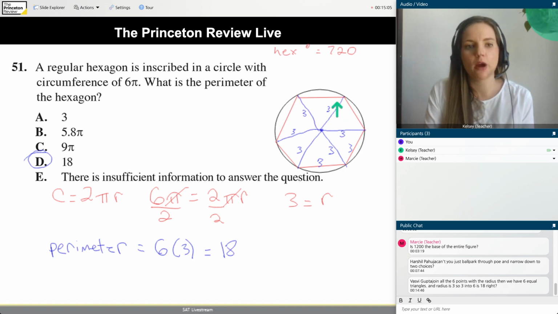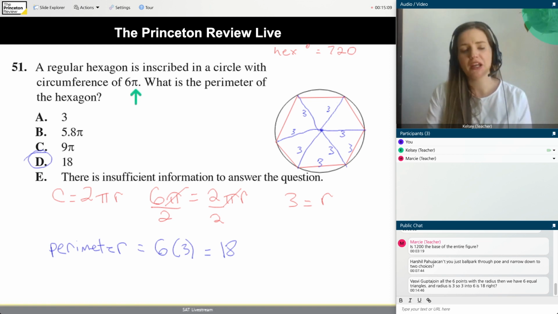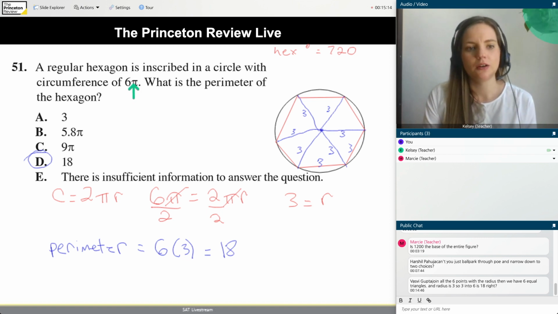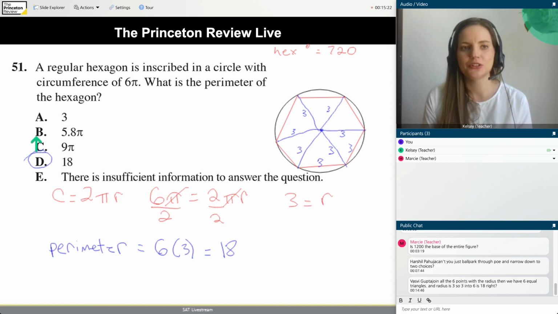So we could have ballparked out anything that wasn't pretty close to 6 pi. And remembering that the value of pi is about 3.14, that could have helped us eliminate pretty much everything but D and B. And then we would have had to do this math to narrow it down. But it's always good to look for opportunities to not have to do as much math as you think you do.